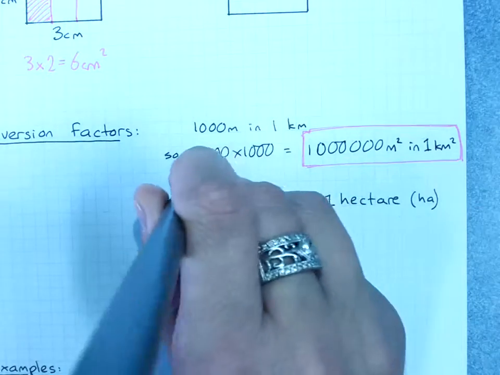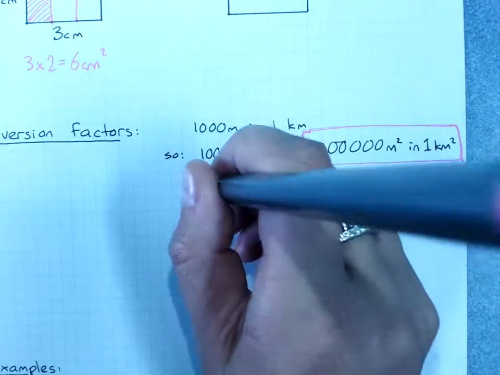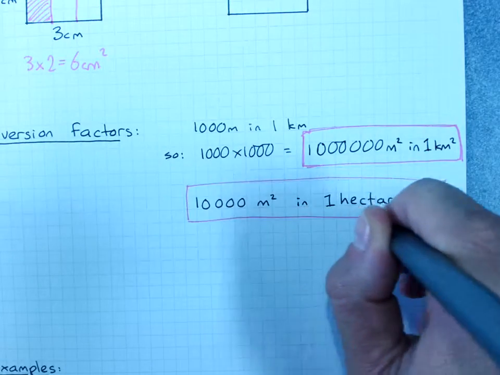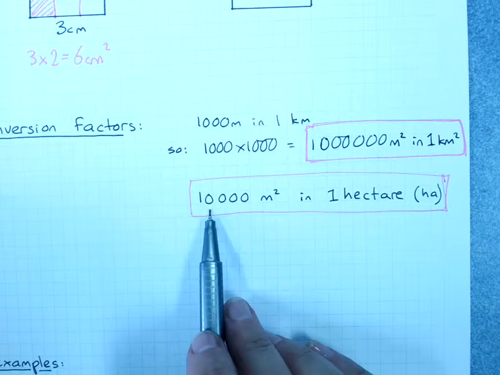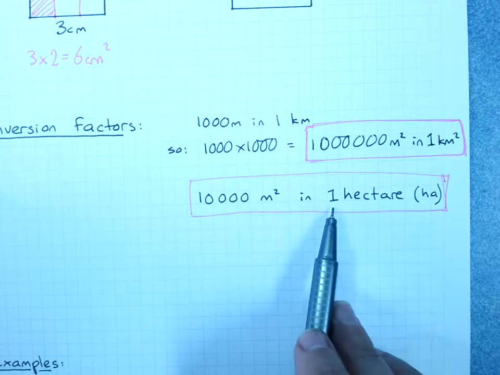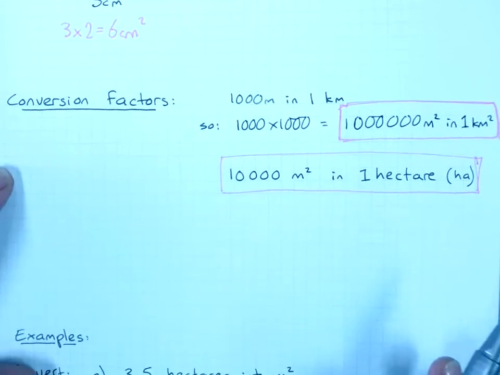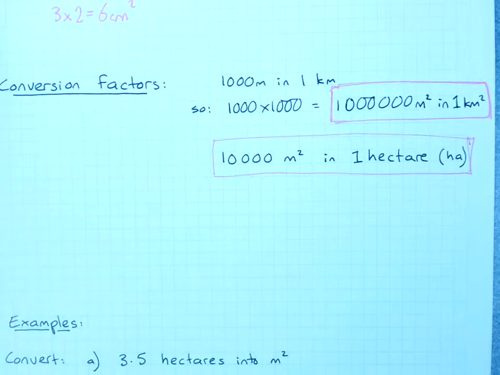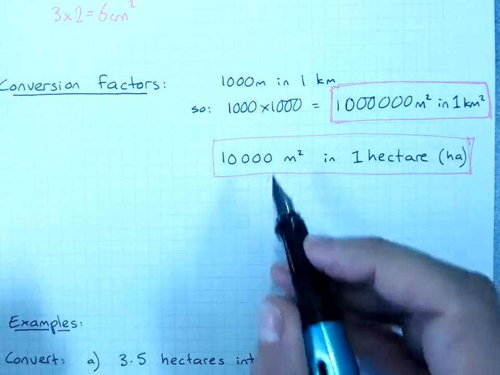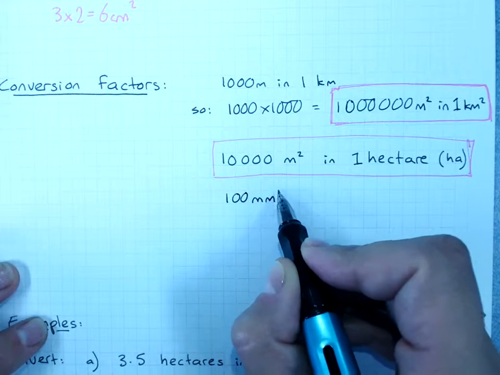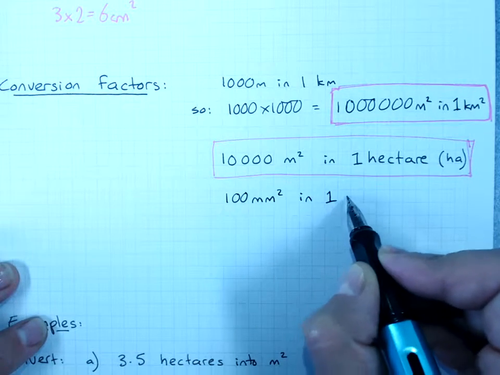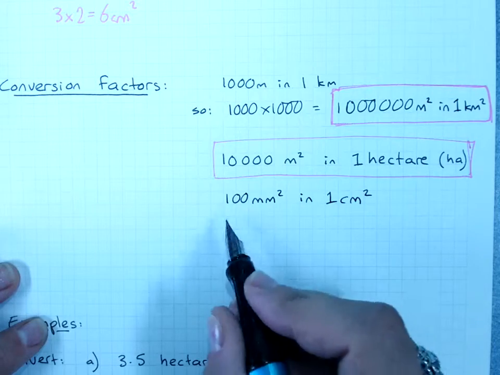We also need to use a hectare, which is used for larger areas of land. So I live on 35 hectares, and there's 10,000 meters squared in 1 hectare. The other conversion factors you'll need, there's 100 millimeters squared in 1 centimeter squared.